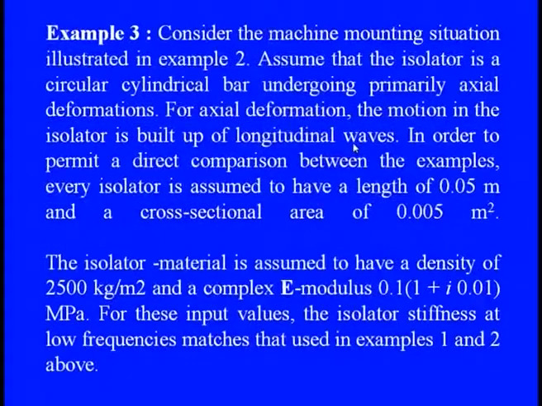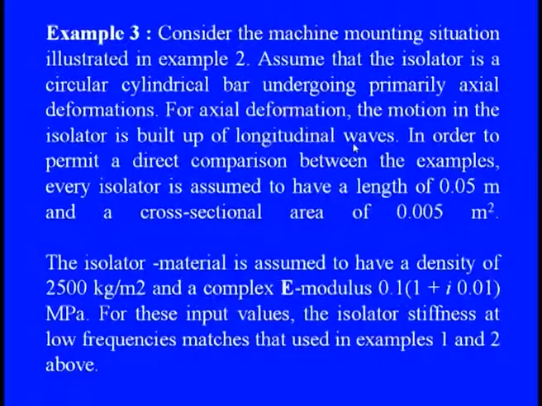Now we are going to another numerical problem, in which we are considering the machine foundation situation as we have shown in the previous two cases, and now we are assuming that the isolator is a circular cylindrical bar which is undergoing primarily axial deformation, and this axial deformation motion in the isolator is built up of longitudinal waves.